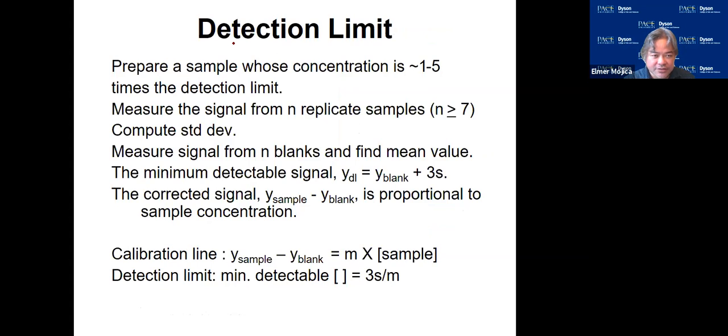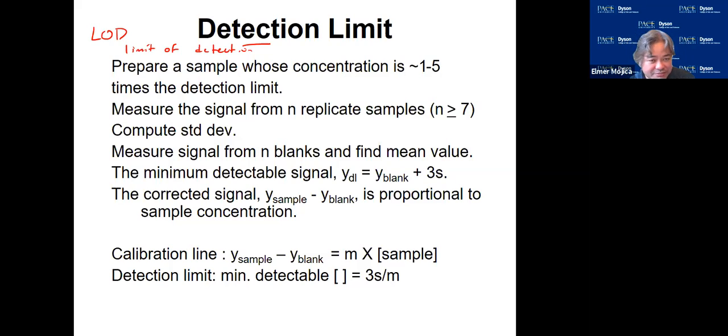These are the parameters that are usually given when you try to determine the detection limit, or LOD, limit of detection. The way that you do it is you prepare a sample whose concentration is 1 to 5 times the detection limit. And then you measure the signal from several replicates, as many as possible.